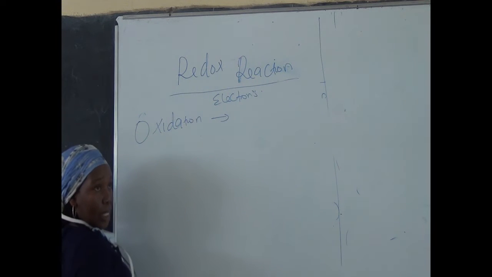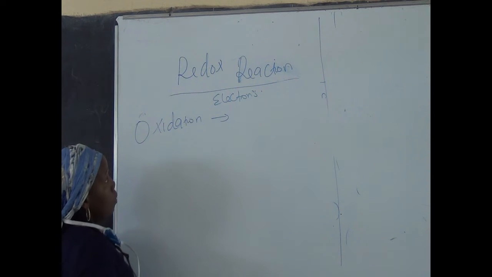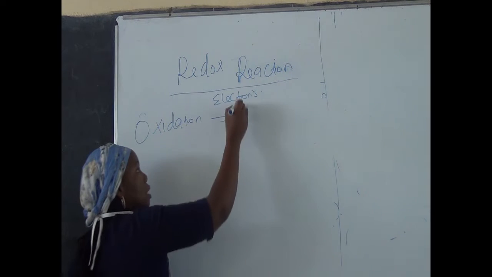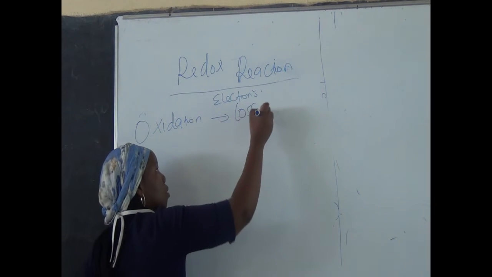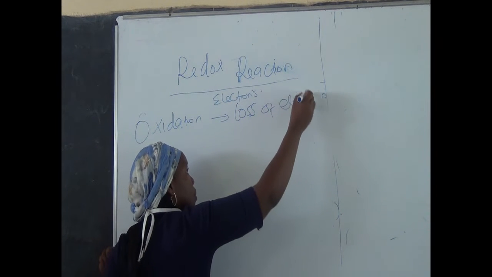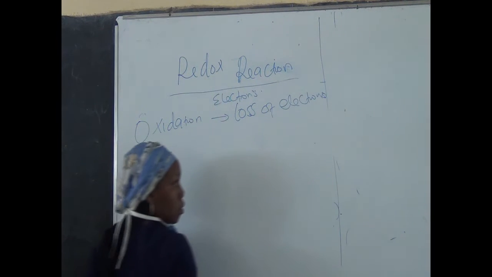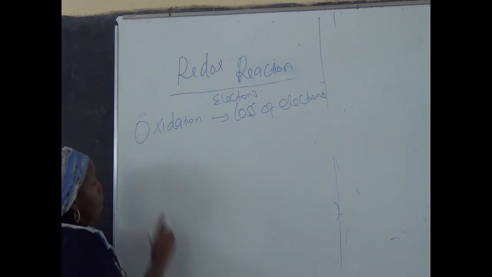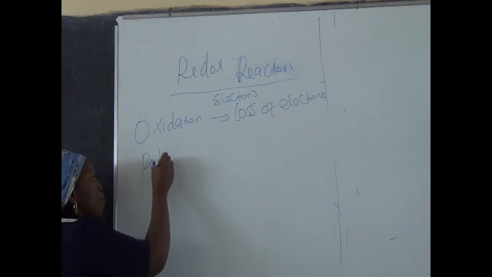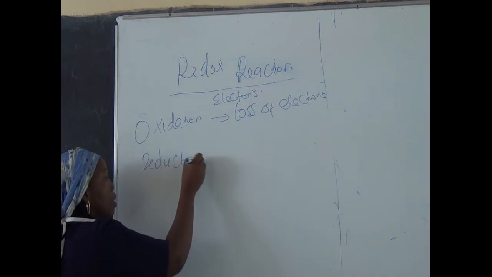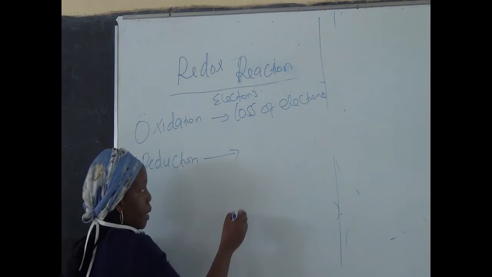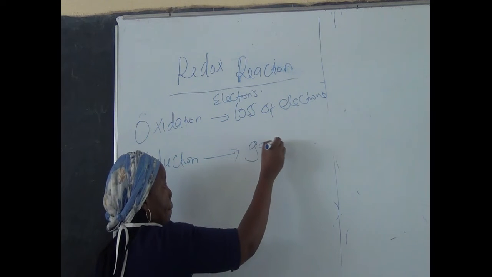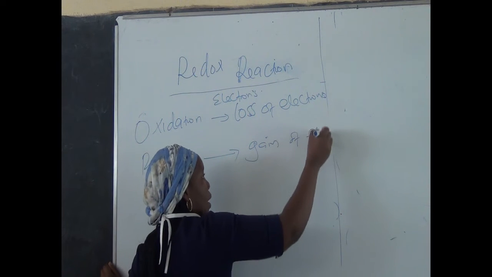Oxidation in terms of electrons is loss of electrons. Whereas reduction is gain of electrons.